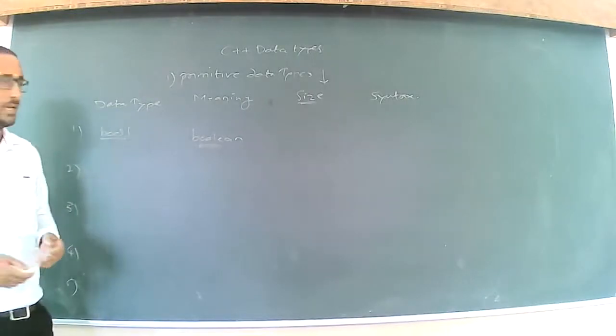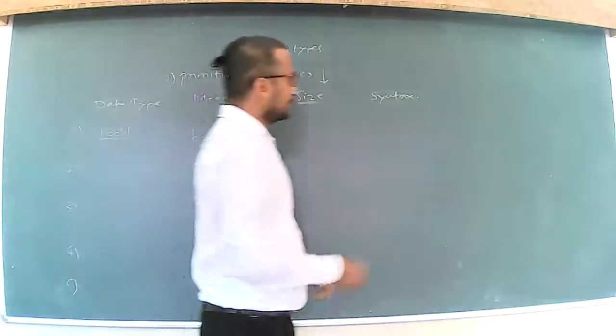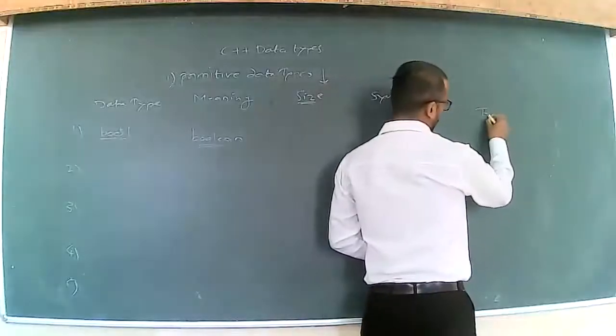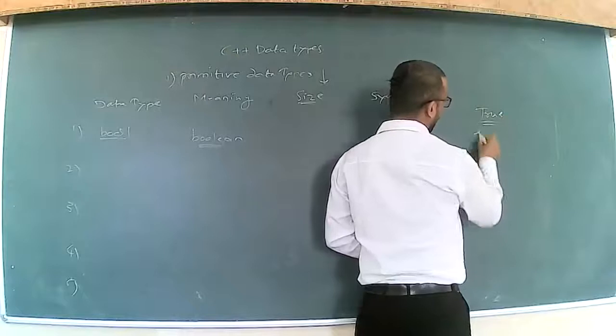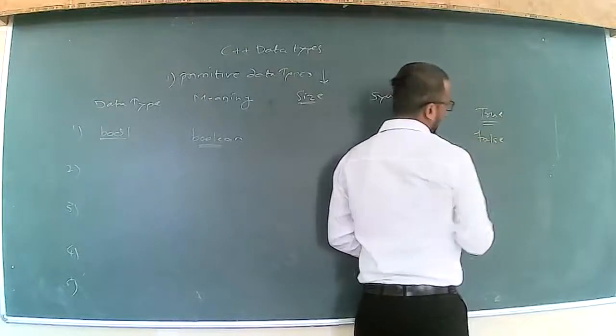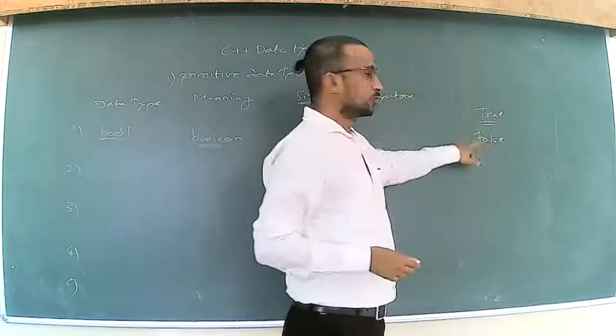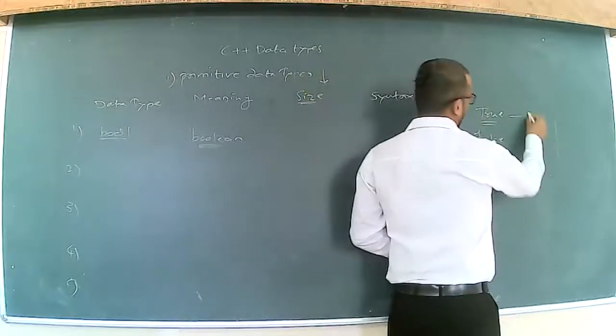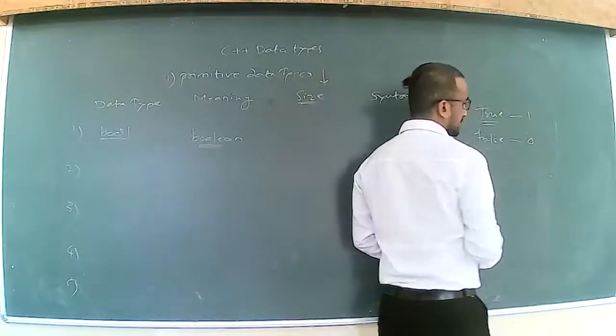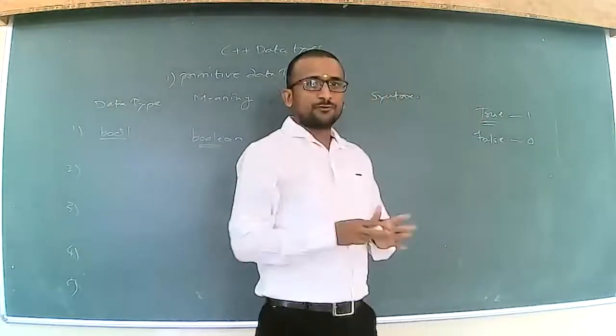Which kind of boolean values are there? There are 2 boolean values, either true or false. We also know that true is 1 and false is 0.